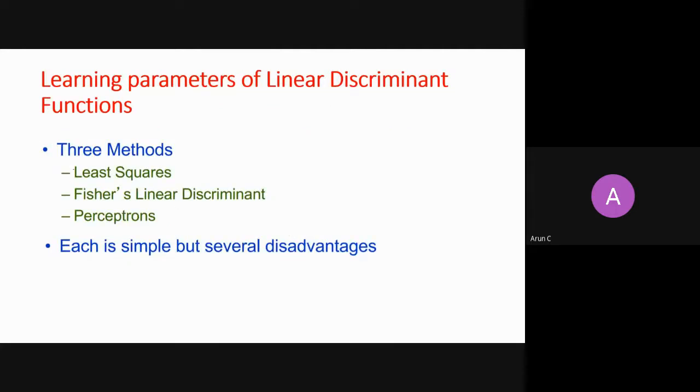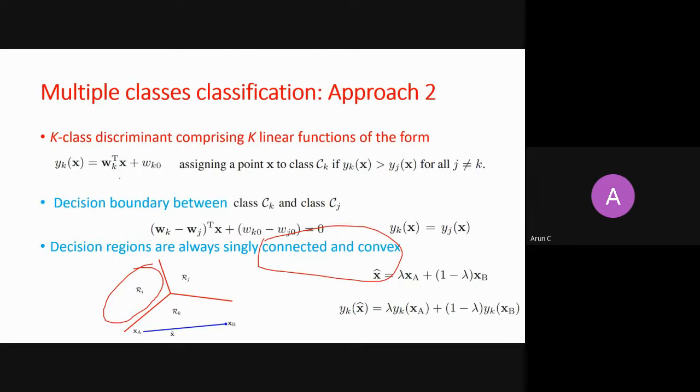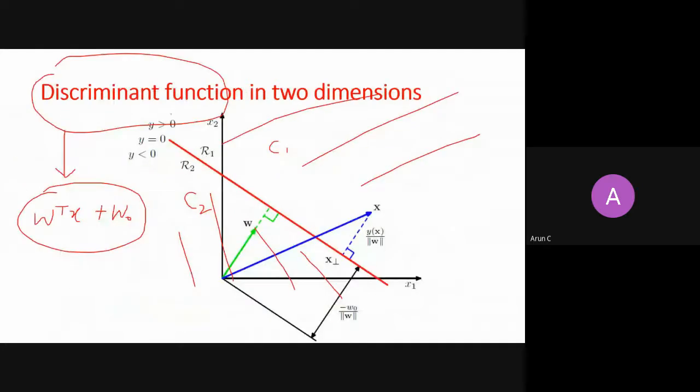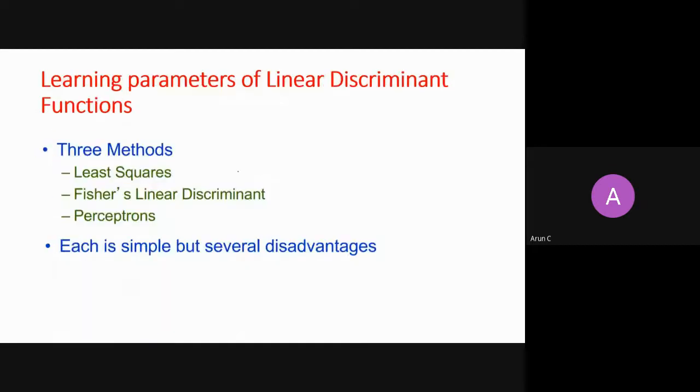Now the question comes, how to find these hyperplanes? All these hyperplanes which I am talking about are my K hyperplanes in the K discriminant function, and this hyperplane in binary classification. How to find these hyperplanes? There are three methods to learn these hyperplanes, or in short, to learn the parameters.